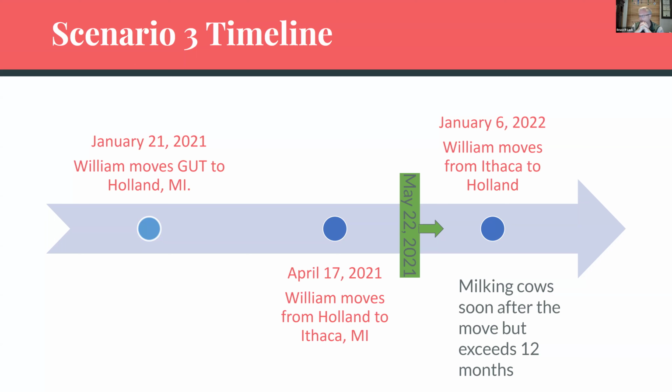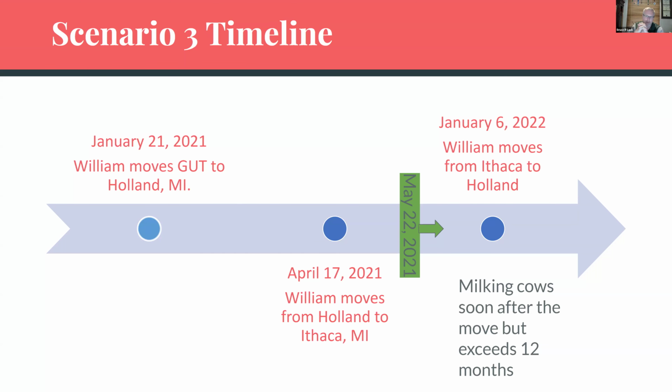So the next question would be, when he moves from Ithaca to Holland in January 2022, now we're within the last 36 months. When he does that, he engages in something that would typically be qualifying work, and that is milking cows, which he does soon after the move.